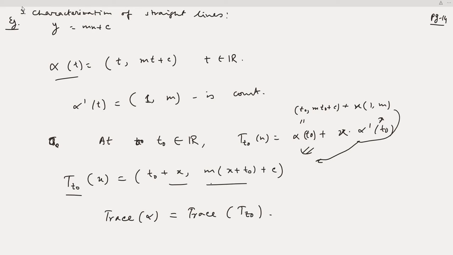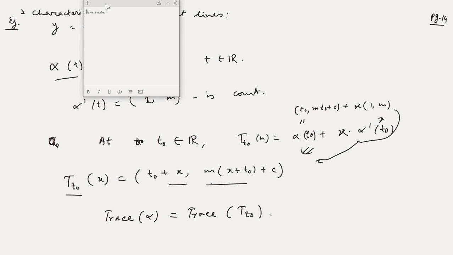Okay, now in the following theorem, page number 15, we prove the converse part. In the last example, every parameterized straight line has a constant tangent vector.